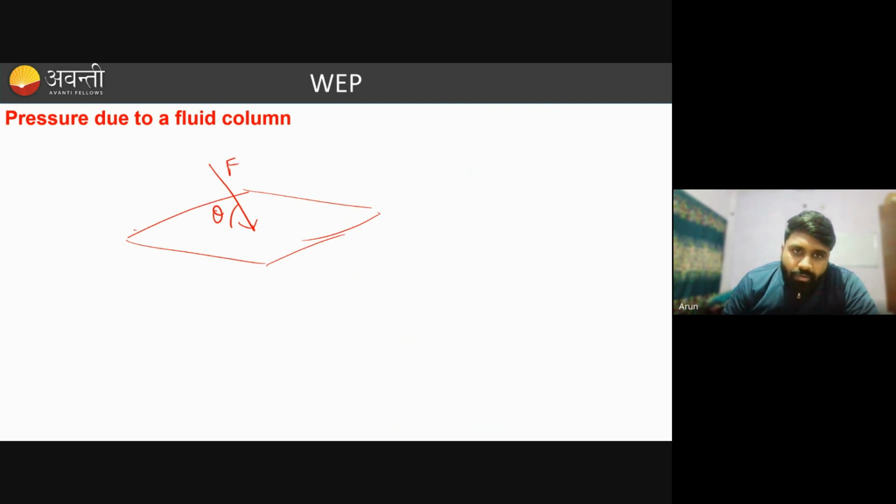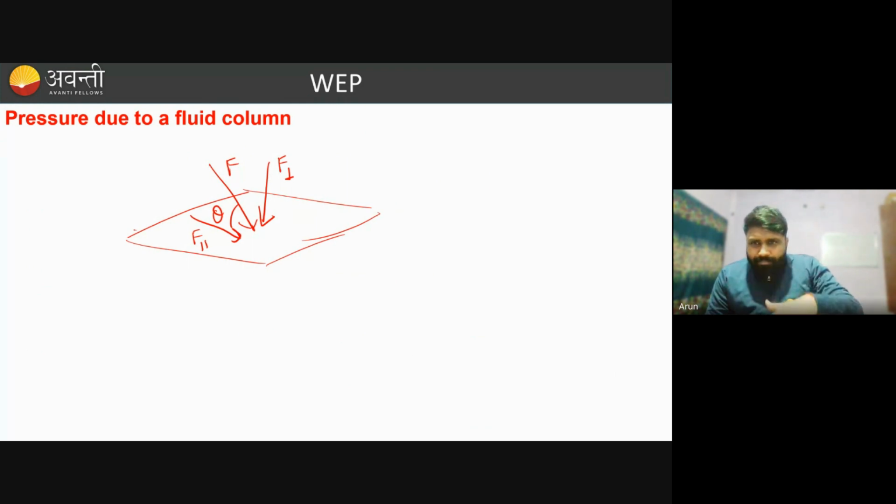Now you can resolve this force into two components, the first parallel to the surface and the second perpendicular to the surface. If you want to push this surface down, which force is capable of doing that? This perpendicular force is termed as thrust.